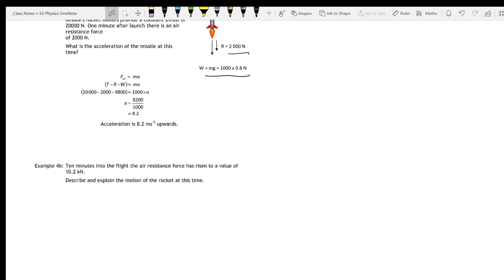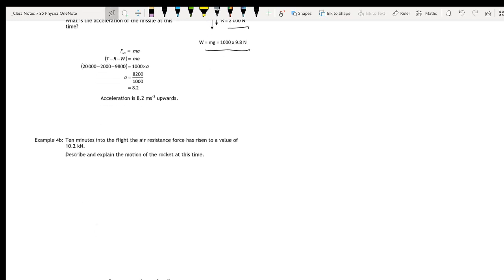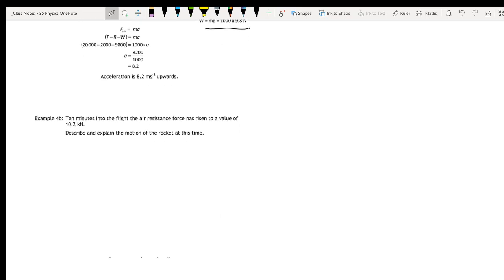Right, so 10 minutes into the flight, the air resistance force has risen to a value of 10.2 kilonewtons. Describe and explain the motion of the rocket this time. Right, so again, you want to draw your free body diagram. You don't have to draw a rocket, you can just draw a rectangle if you want to. So it says most rockets provide a constant thrust of 20,000 newtons, so we've still got 20,000 newtons up the way.